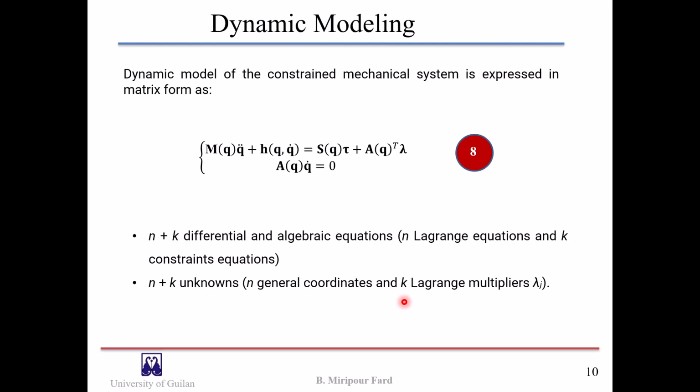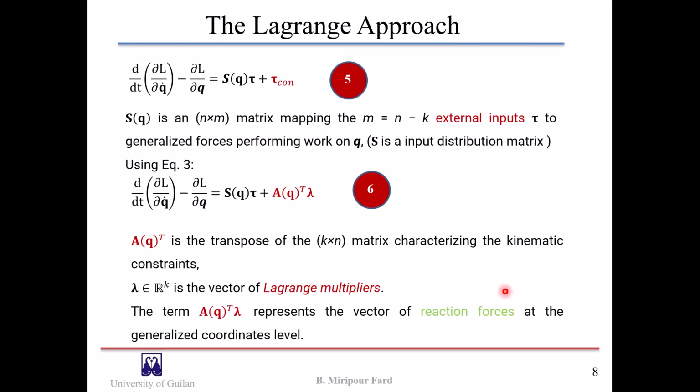The final set of equations seen in equation 8 consists of n plus k differential and algebraic equations, actually n Lagrange equations and k constraint equations, and there are also n plus k unknowns in this equation set: n generalized coordinates and k Lagrange multipliers, which we can denote as lambda j, where j varies from 1 to k. Here you can see the dimension of lambda.